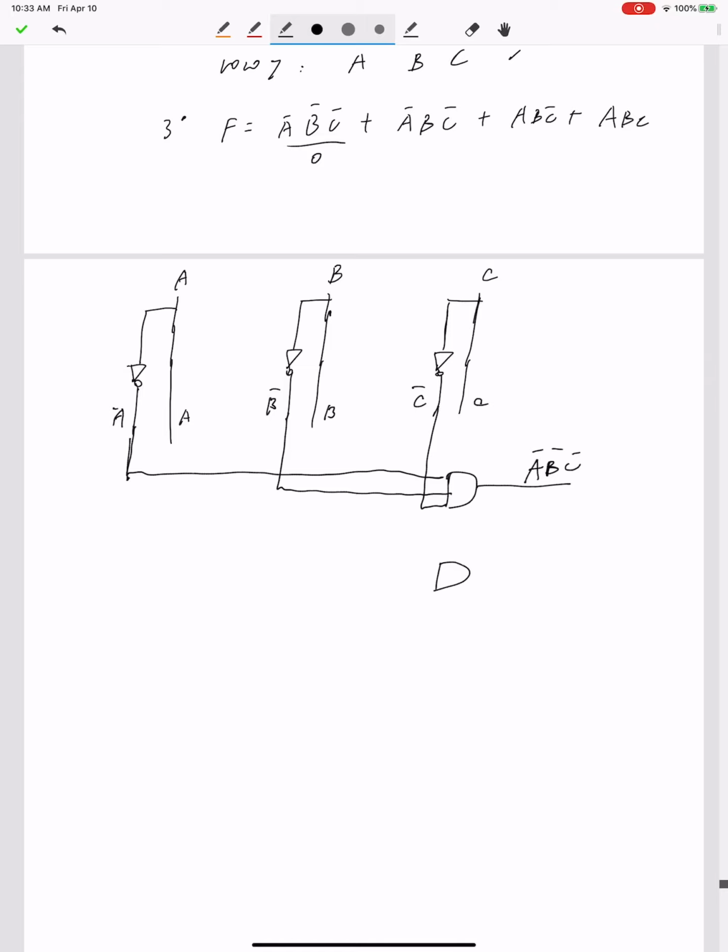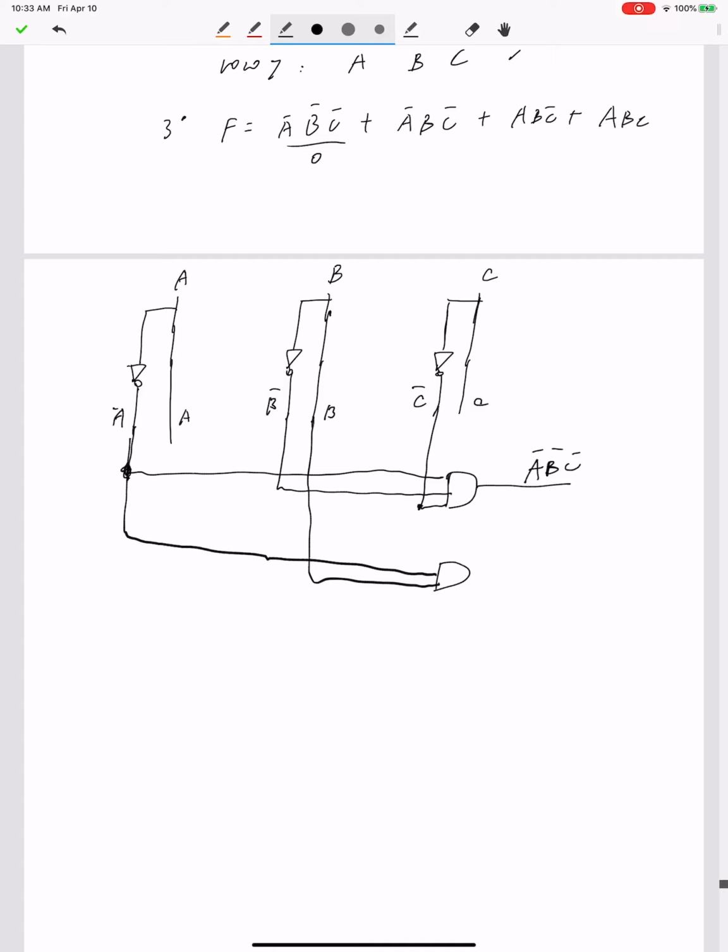So we need A bar, which is this one, times B, which is this one, and C bar, right?